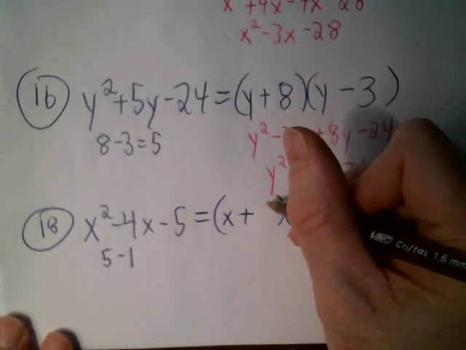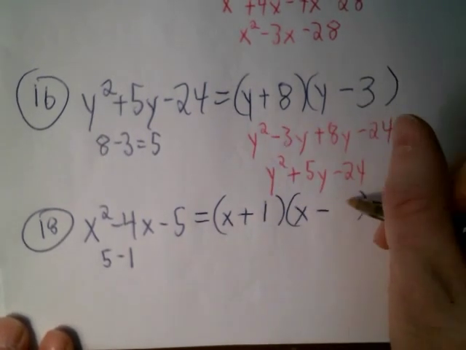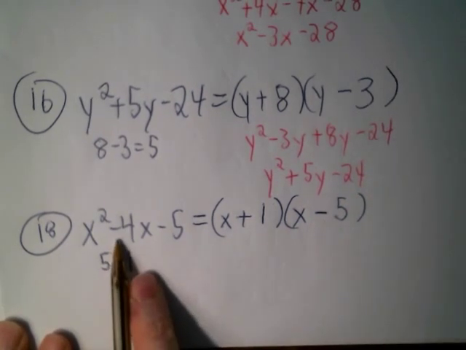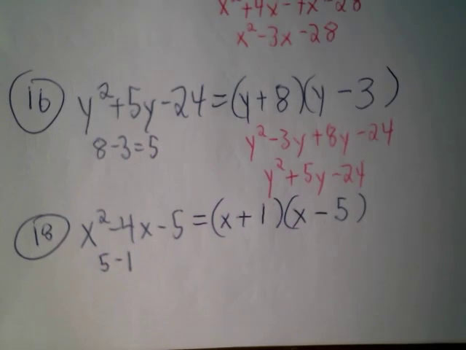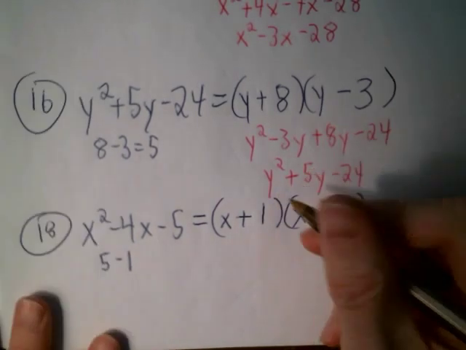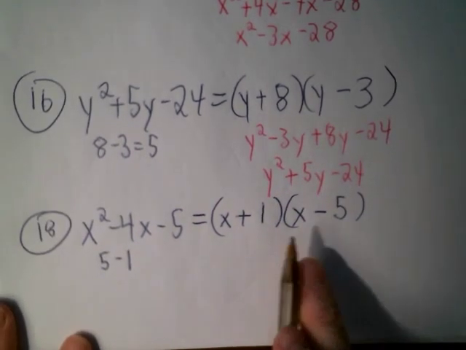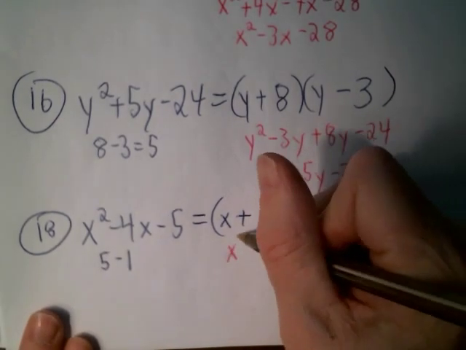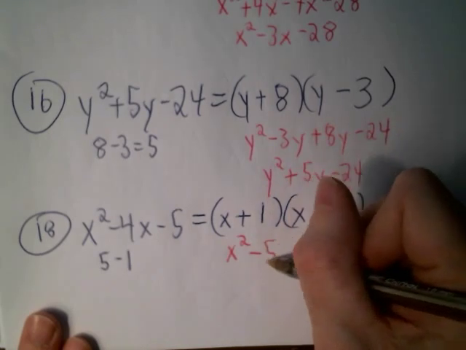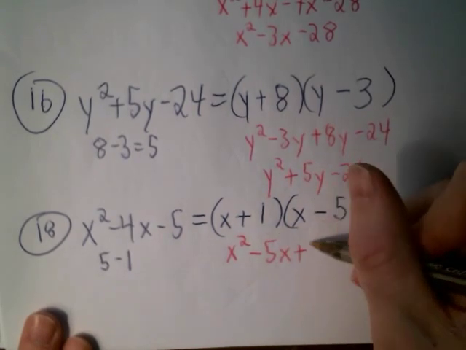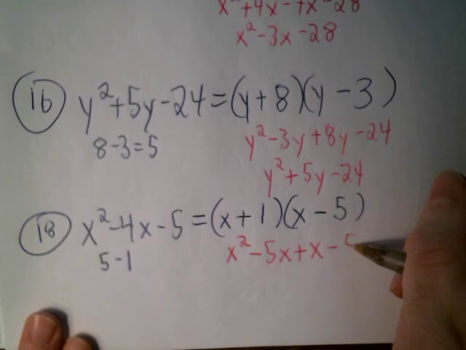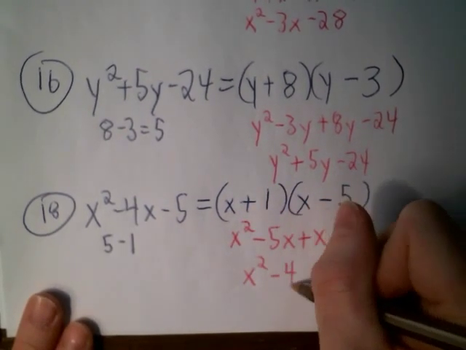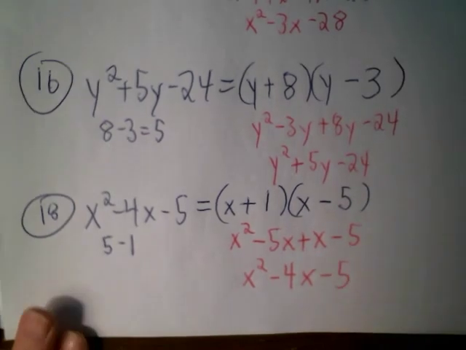So I'll have 5 and 1. But in this case, it's going to have to be 1 and 5. So the bigger number goes with the negative because when you add them together, you need a negative on the 4. So let's make sure. And if I got it wrong, all I have to do is flip-flop the signs, and it's no big deal. All right, so x squared first, outer, minus 5x, inner, plus x, and then last, minus 5. Get x squared minus 4x minus 5, and then that's it.